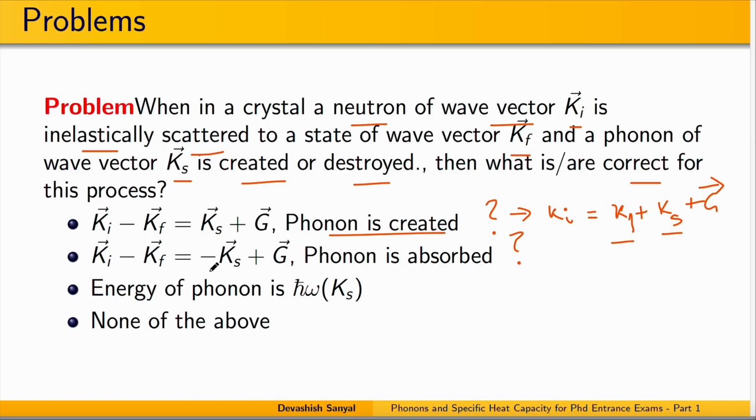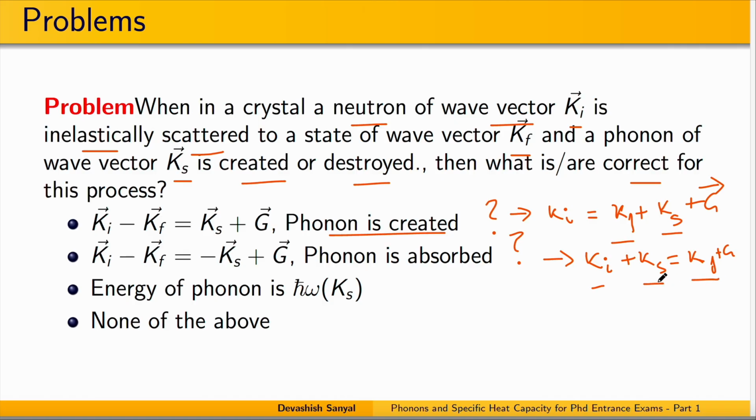What about this? This can be written as Ki plus Ks is equal to Kf plus G. So this means the initial wave vector of the neutron combines with a phonon wave vector Ks to give Kf.